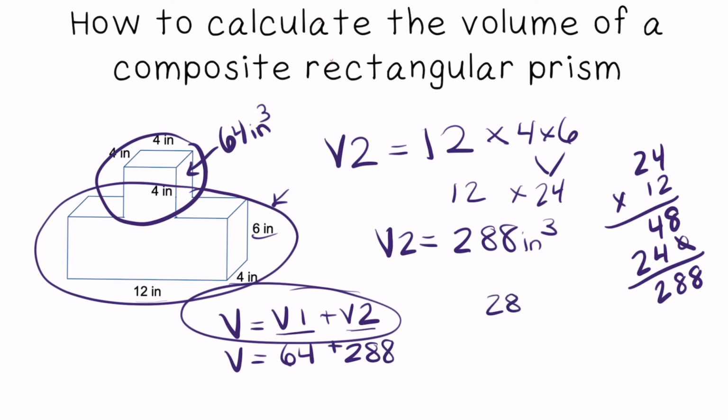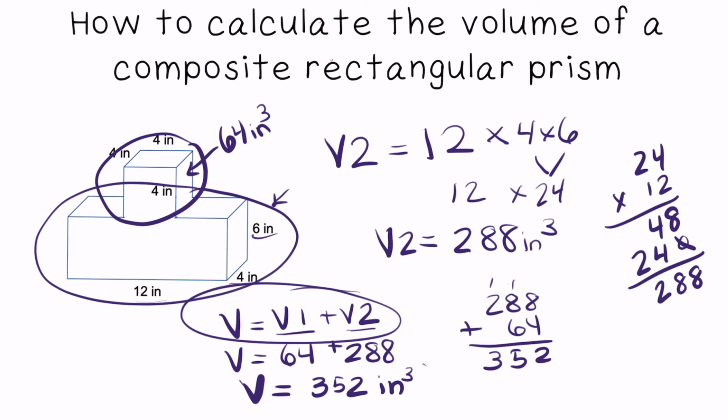So we're going to add the two partial volumes together. 8 plus 4 is 12. 8 plus 6 is 14, plus 1 is 15, 2 plus 1 is 3, 352. So our total volume of this composite figure is going to be 352 cubic inches.